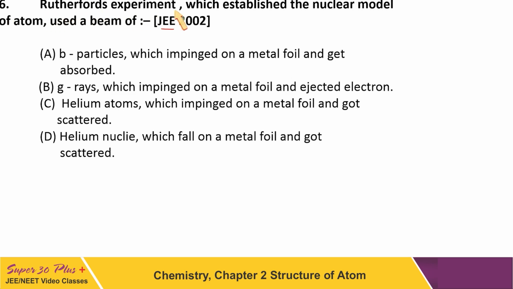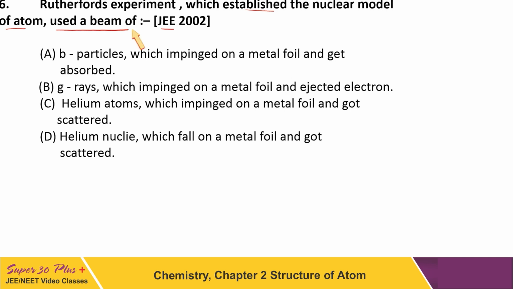It says, in Rutherford's experiment, which established the nuclear model of atom, used a beam of what? What kind of beam was used in Rutherford's experiment? Everyone knows that the beam which was used was alpha particles, but there is not a single option which says alpha particle.